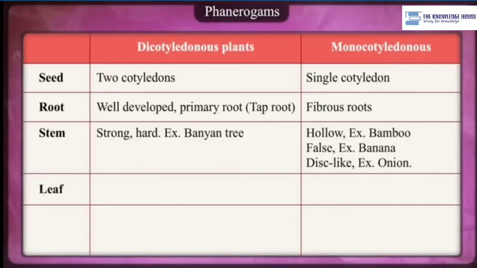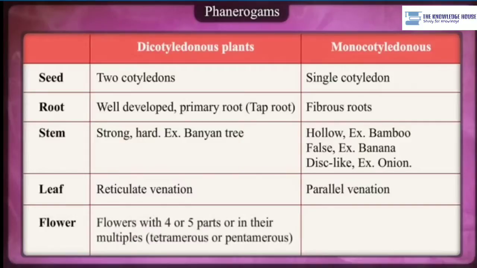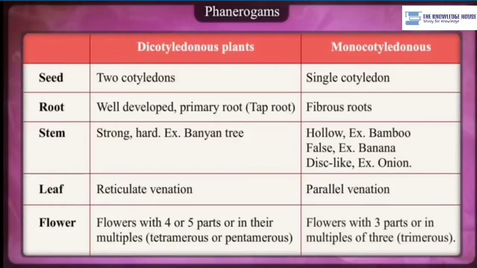Leaf: dicotyledonous plants, reticulate venation; monocotyledonous, parallel venation. Flower: dicotyledonous plants, flowers with 4 or 5 parts or in their multiples, tetramerous or pentamerous; monocotyledonous, flowers with 3 parts or in multiples of 3, trimerous.